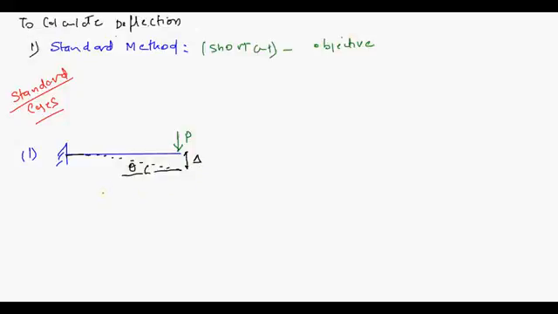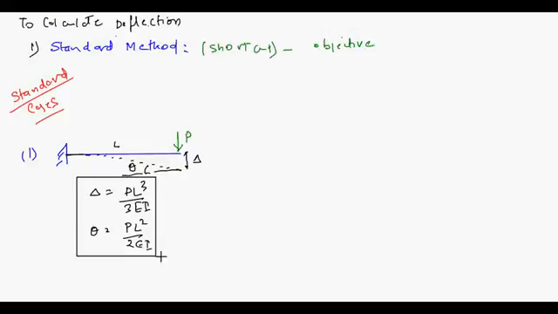What is the value of deflection and rotation? Deflection is equal to PL cube upon 3EI, and theta is equal to PL square upon 2EI. L is of course the length. You remember this: PL cube upon 3EI is the deflection and PL square upon 2EI is the rotation.